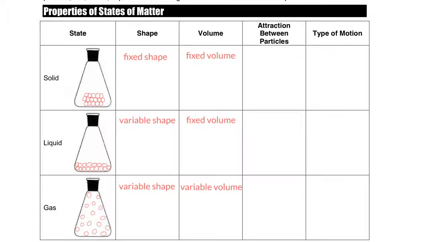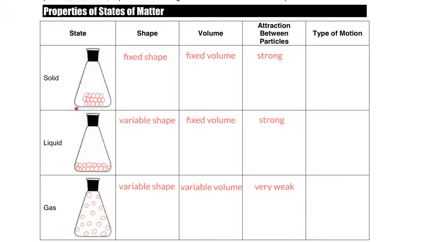A liquid takes the shape of the container, so it has a variable shape, but it doesn't fill the entire container, so it still has a fixed volume. Gases, on the other hand, when you put a gas in a container, it will take the shape of the container, whatever it is. Also, the particles will fill the entire container. So gases have a variable shape and a variable volume.